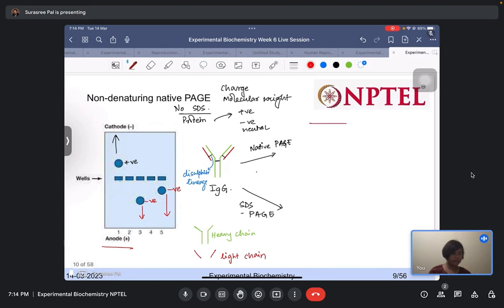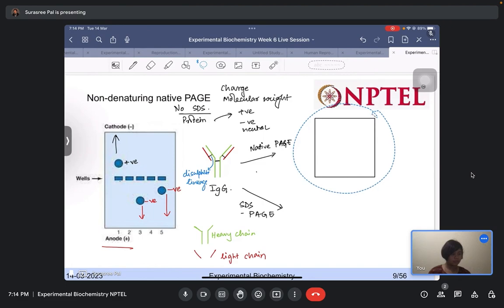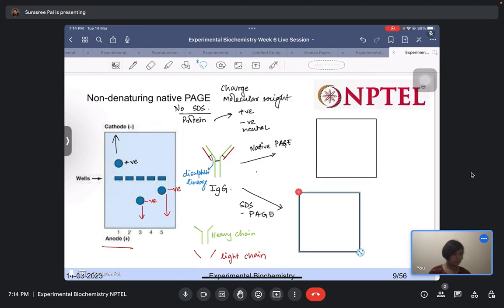So let's have a look at that. In a native page, the disulfide linkages will not be broken. So this IgG molecule will migrate as a whole.